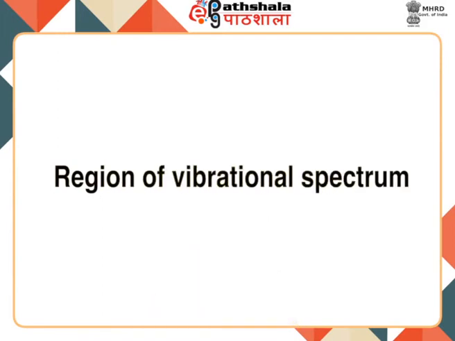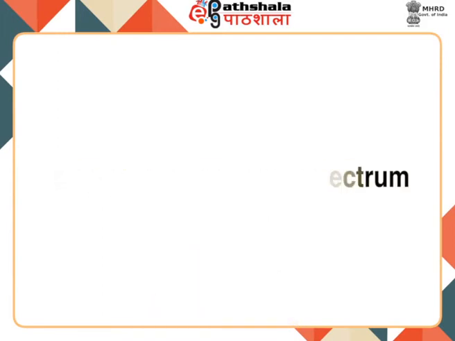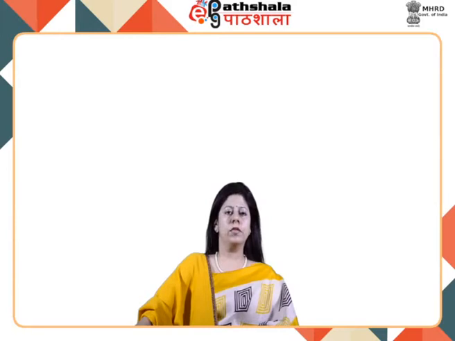Now let us see the regions of the vibrational spectrum. The vibrational spectrum is generally scanned in the wave number range 650 cm inverse to 4000 cm inverse, which falls in the infrared region of the electromagnetic spectrum, and therefore it is called the IR spectrum. The IR spectrum is generally divided into two regions.